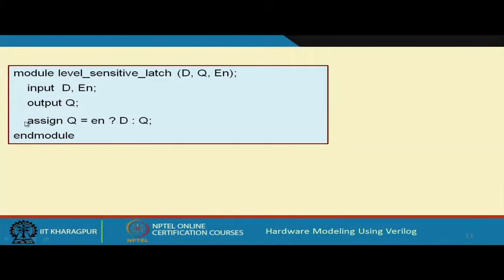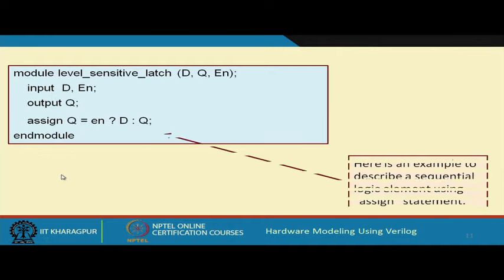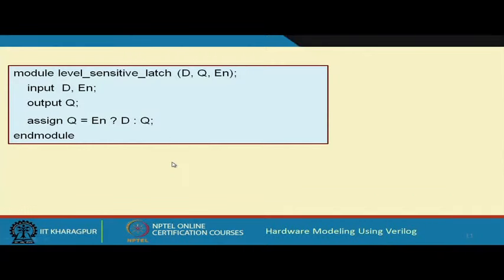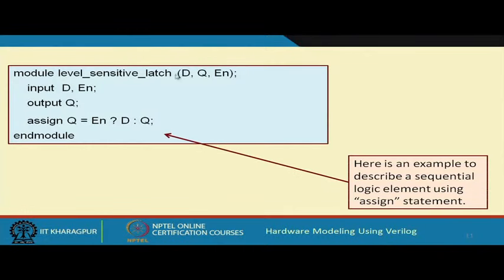Now, here we take an example where we are using an assign statement to describe a sequential logic element, which is actually a level sensitive D type latch. What does this do? This E will be in capital. What is this description doing? There are 3 parameters, D and enable are the inputs and Q is the output.